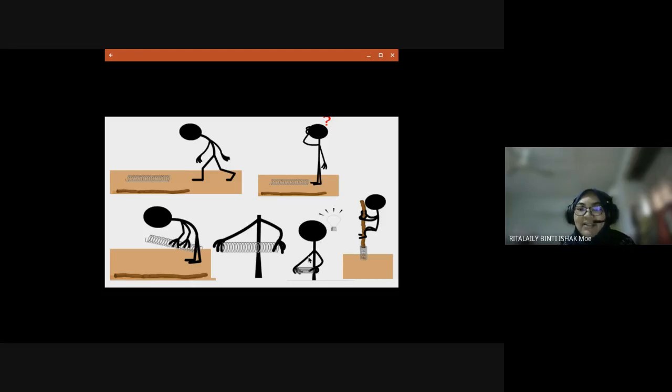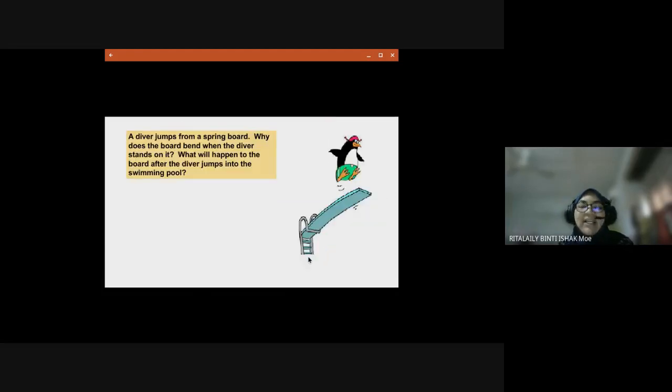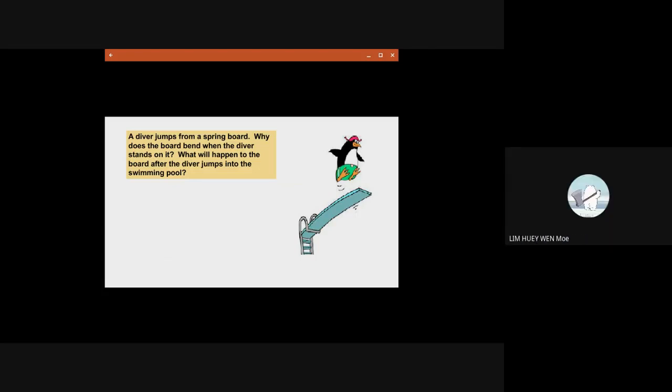So okay. A diver jumps from a springboard. Why does the board bend when the diver stands on it? What will happen to the board after the diver jumps into the swimming pool? So the first question is, why does the board bend? Because the diver stands on it, there's a force exerted on it.